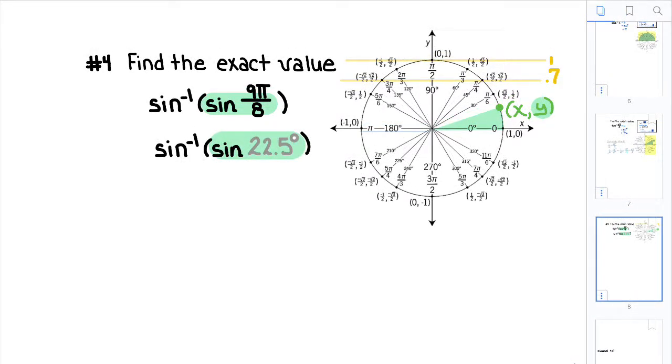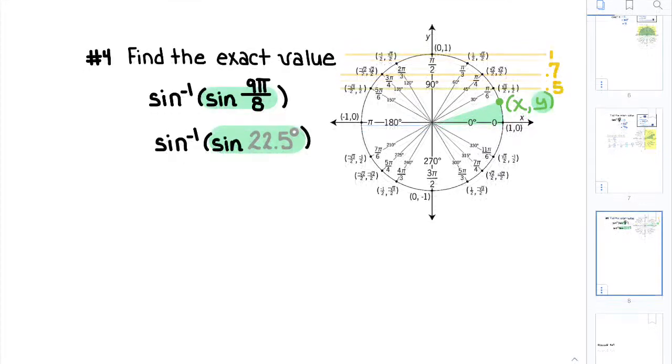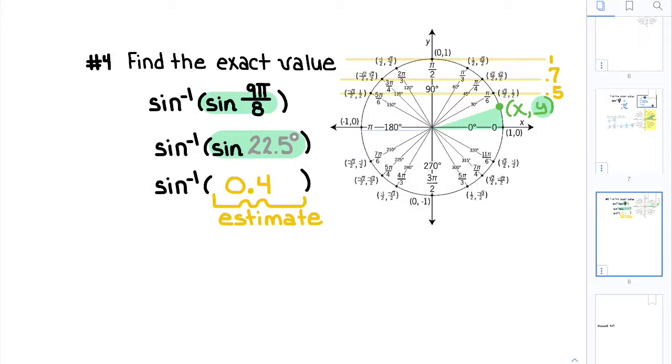And then at 30 degrees, the y-coordinate is 0.5. The y-coordinate at 22.5 degrees has got to be smaller than 0.5. I'm just going to estimate that to be about 0.4. So the estimate for the sine of 22.5 degrees is about 0.4.